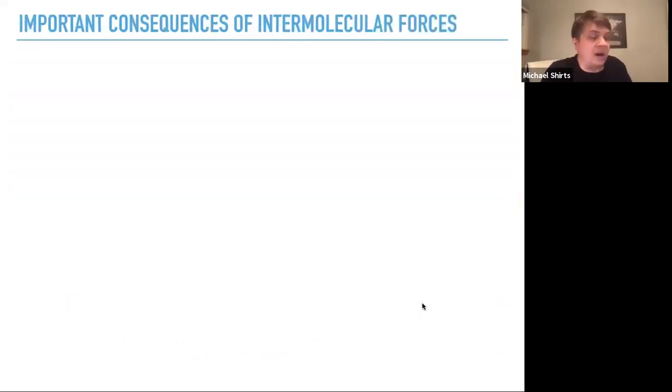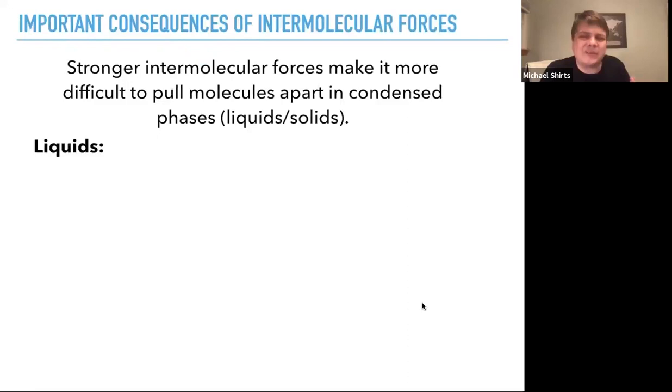Okay, so that's sort of the phases we get. What are the properties that we observe because of these intermolecular interactions? How do we macroscopically observe these interactions that have to do with how the molecules are interacting at the nanometer scale? Stronger intermolecular forces make it more difficult to pull molecules apart in condensed phases, i.e. liquids or solids.